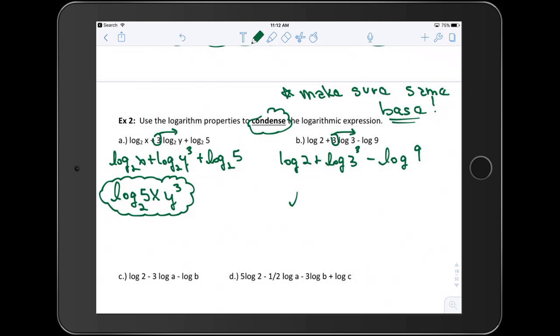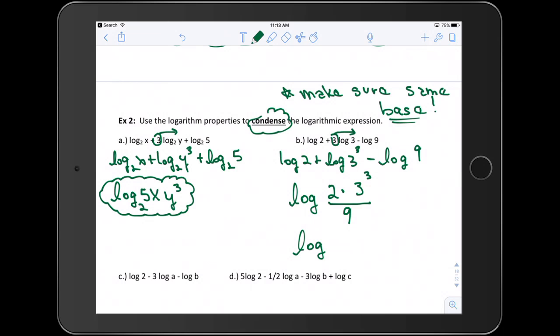So I'm going to first bring the log, because I just need one log when I'm condensing. And if you want to write base 10 to make yourself feel better, that's fine. And then I have 2 times, because there's plus, 3 cubed. And it's not times 9, it's actually divided by 9, because the log of 9 is subtraction. Now here's the thing. Notice there's no variables here. We can go one step further and actually simplify this.